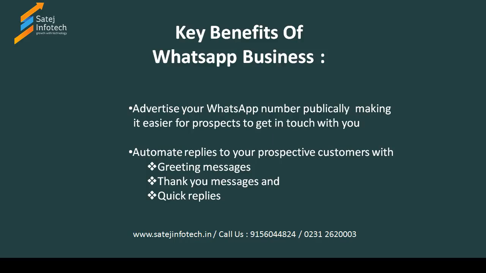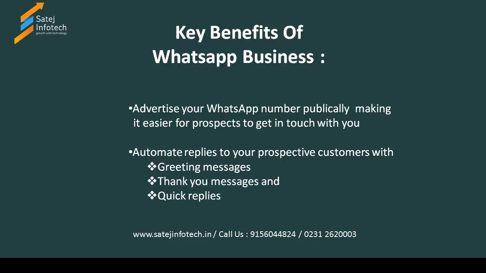Moving on. Now, in a gist, what is being offered to us? Let's go through it again, and the key benefits. One of the key benefits is that you can advertise your WhatsApp number publicly, making it easier for prospects to get in touch with you. So when you're thinking of advertising your business, put your WhatsApp number on your Facebook page, on your paper advertisements, on your website.